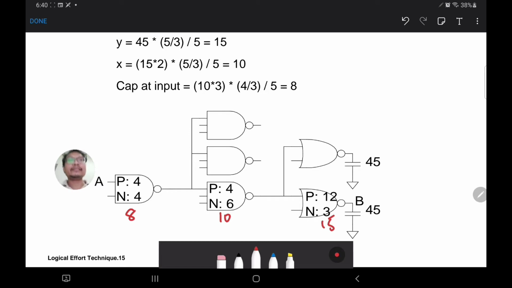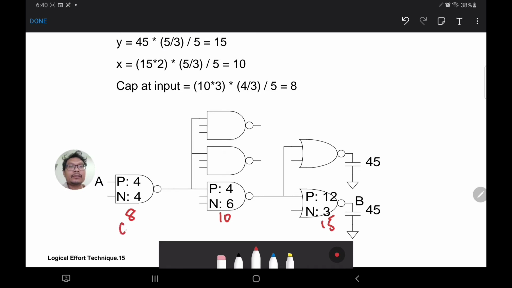Given the optimum relative sizes that we have computed, how do you obtain the size of the individual transistors? Here, for example, size 8, this is the input.